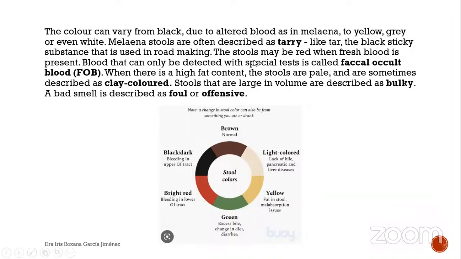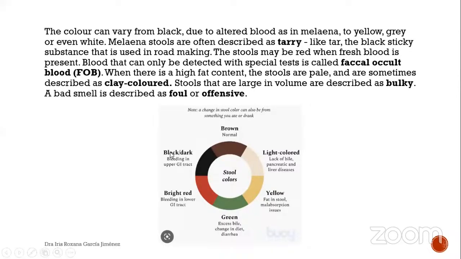So now you catch this idea: tarry, bloody, clay-colored, bulky, and the bad smell, foul or offensive. Offensive is the most common.